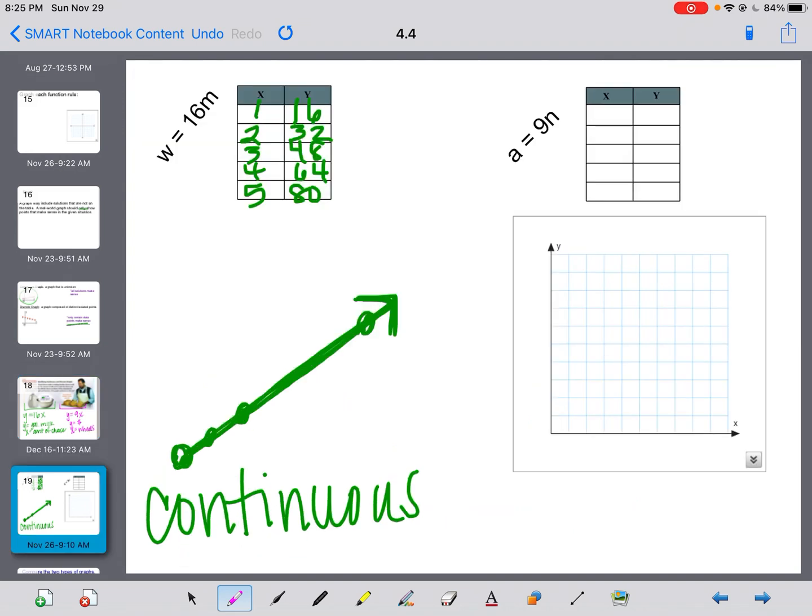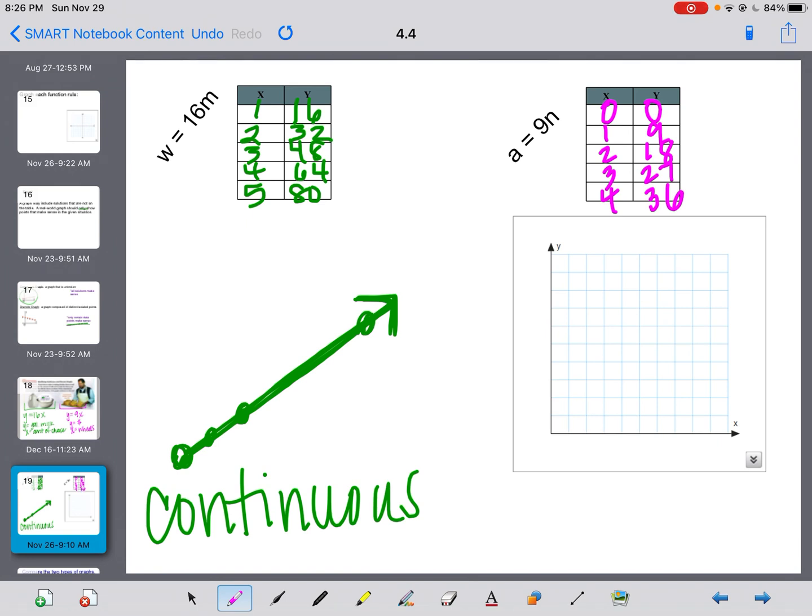So when I go to graph this, I don't need any negatives, and if I have a 0, I sell 0, I make $0, so 0, 0. The rest of them I'm just going to go 1, 2, 3, 4. If I sell 1 wheel of cheese, I make $9. 2 gets me 18, 3 gets me 27, and 4 gets me 36.